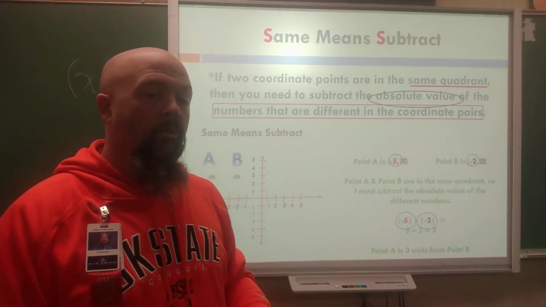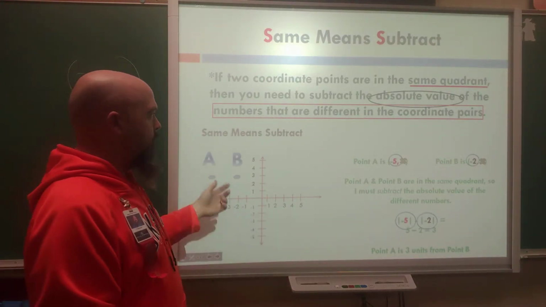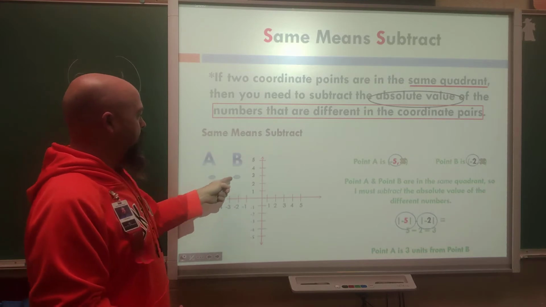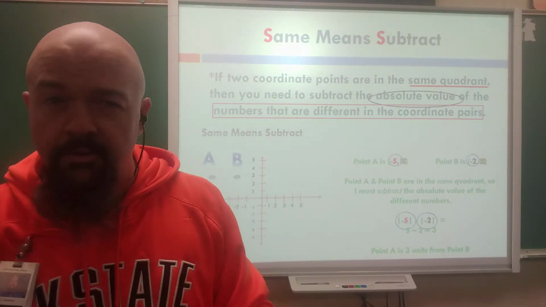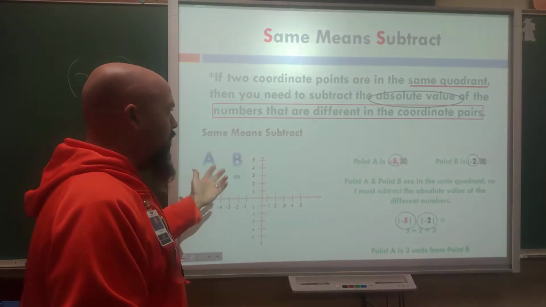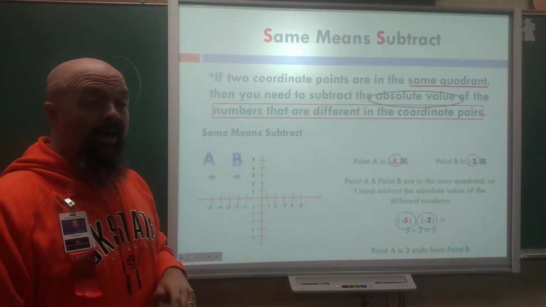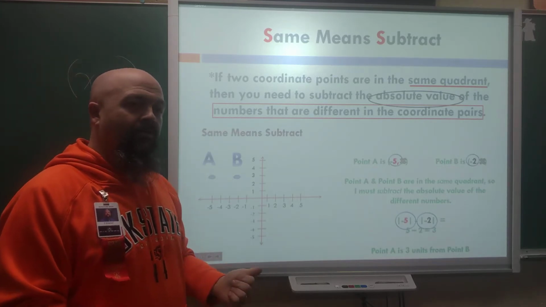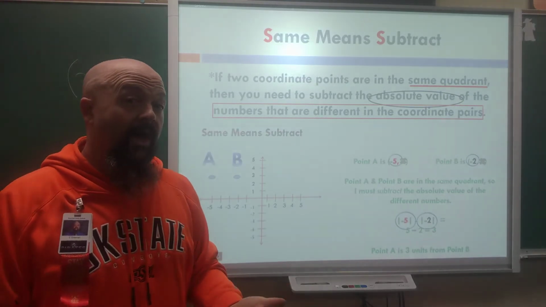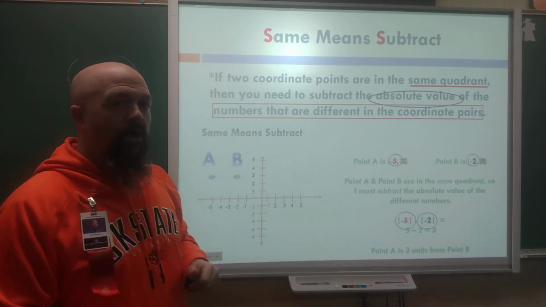Now, some of you are probably going, well, yeah, I can see that. We have it on the graph. All you got to do is count the lines. That's great. That's another way, obviously, to do it when you have an actual coordinate system to look at for your points. But that means there are potentially going to be problems that don't have that. That's why we have to know our process.